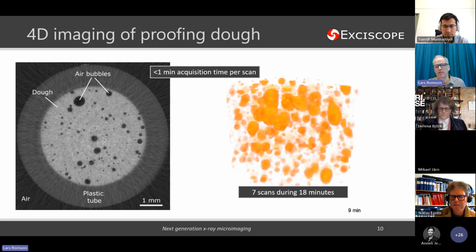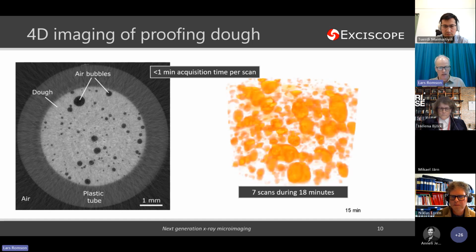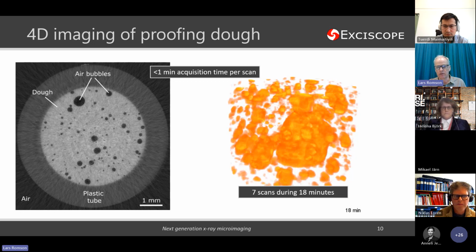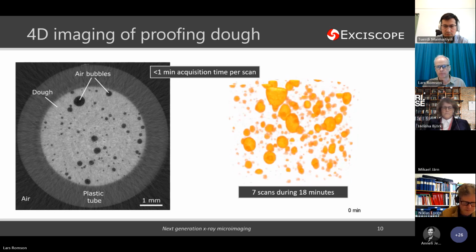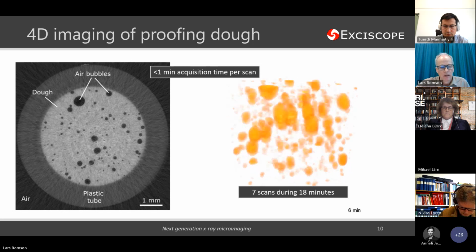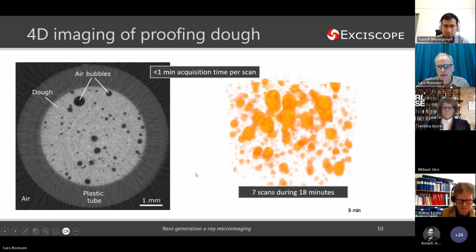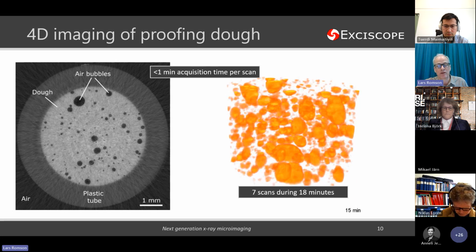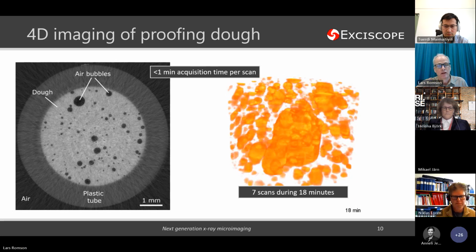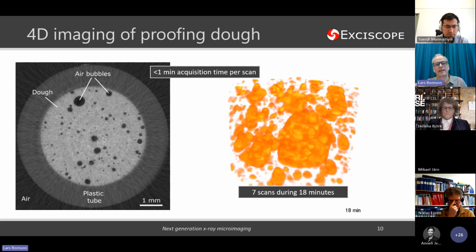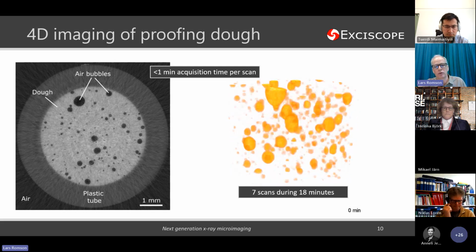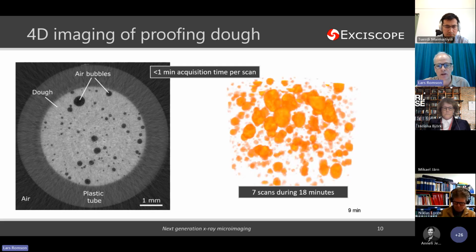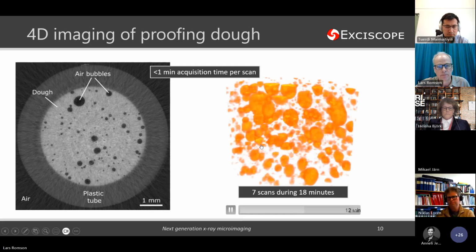We do 7 scans, and we can see the air bubbles rise inside the dough. Really interesting, and this could be applied for many different applications to see things over time. And you have your instrument in the lab, so you don't have to go next week to the synchrotron.